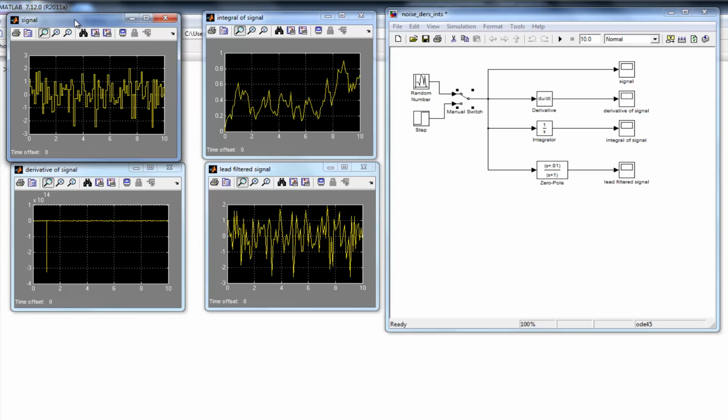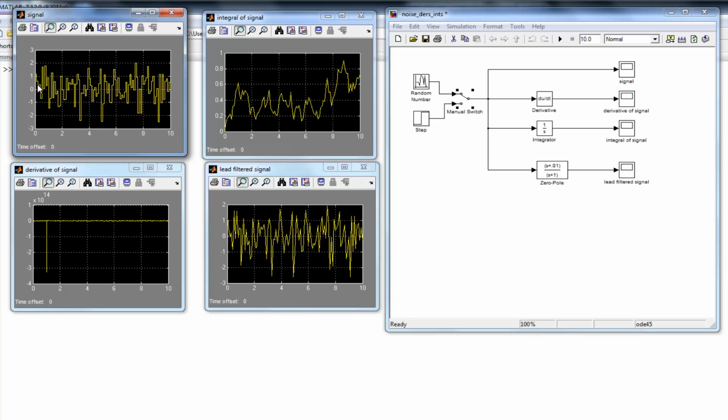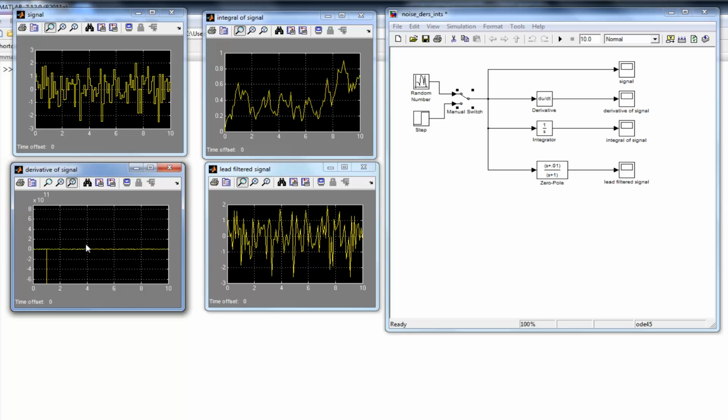First let's look at the noise itself. It's just noise, with magnitude roughly plus or minus 2. The derivative of the signal has very large magnitudes. If we zoom in to something more manageable, we can see magnitudes roughly an order of magnitude higher than the actual input itself.